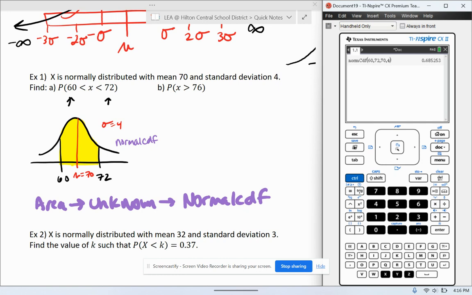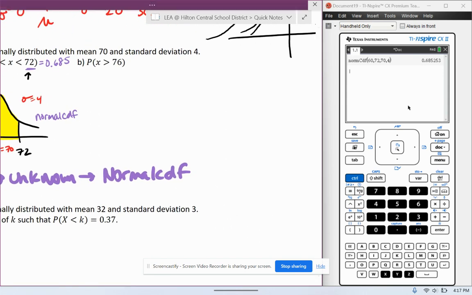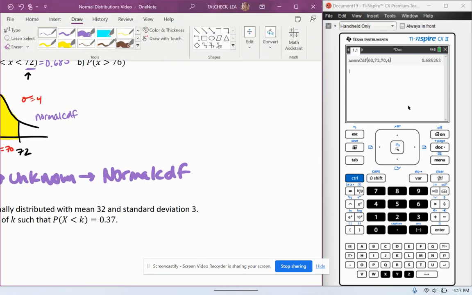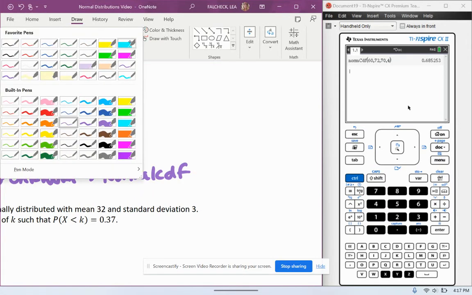My calculator spits out a probability, or an area under the curve bounded between 60 and 72, of 0.685. So the probability that a score fits in between these two scores is 0.685.